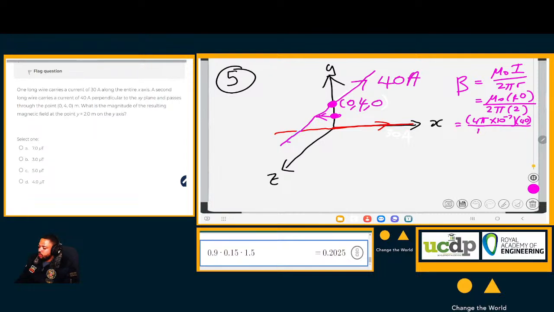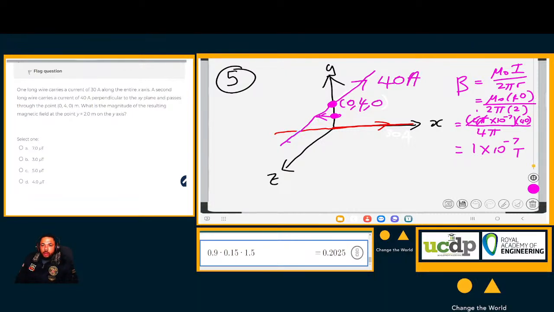There we have 4 pi, so that cancels: pi, 4, leaves us with 1. So it's 1 times 10 to the negative 7 Tesla. I'm doing this roughly.